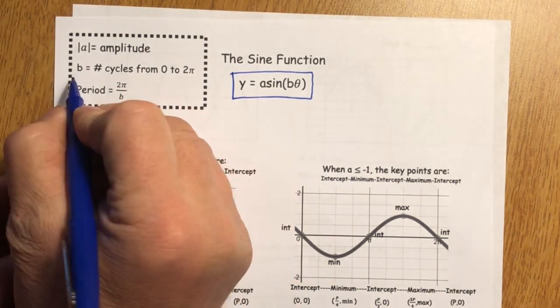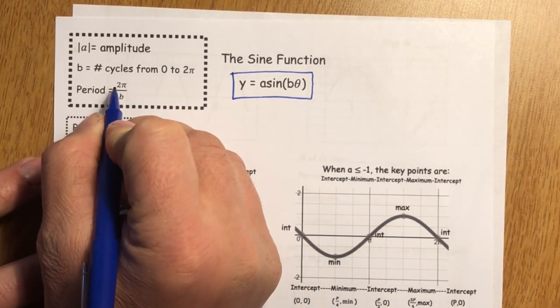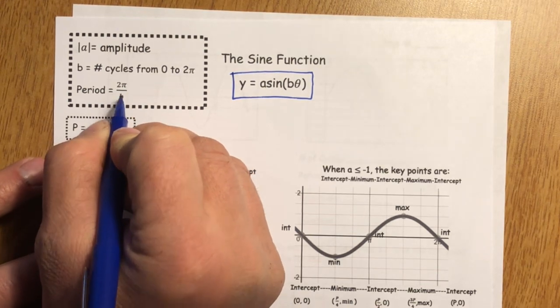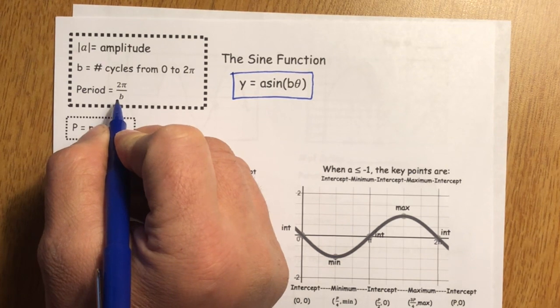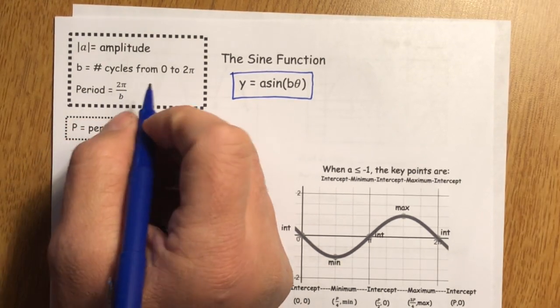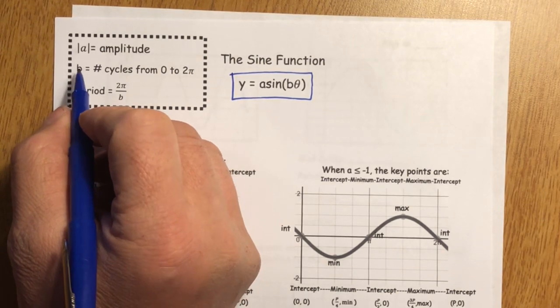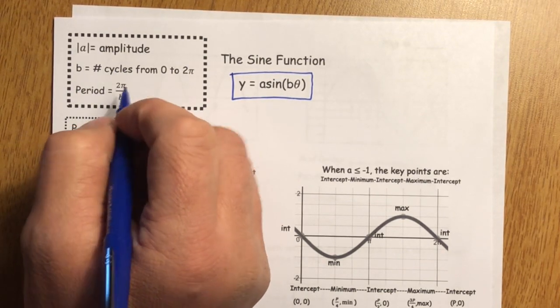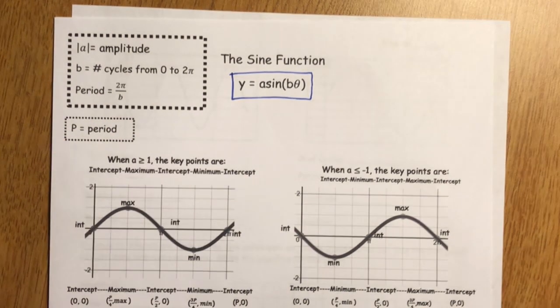All right, that's B. And then your period, we can find the period by taking 2 pi over B. So as long as we know how many cycles we have, we could figure out the period, which makes sense. Because if we know how many cycles we have from 0 to 2 pi, we plug that in, we can divide 2 pi by that, and that will give us the length of the period.